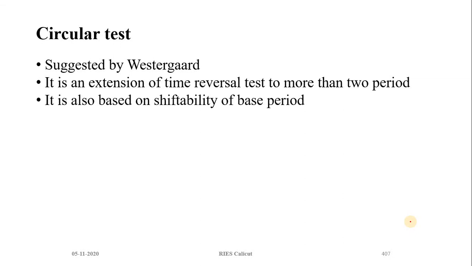Now we are moving into the last test. It is the circular test. The circular test is an extension of the time reversal test. This is basically an extension of checking the time consistency between more than two periods. In the time reversal test we checked between two periods, one base period and one current period, 0 and 1.